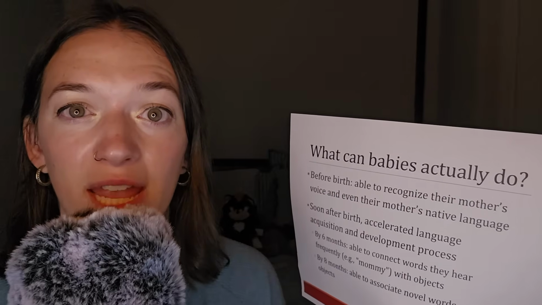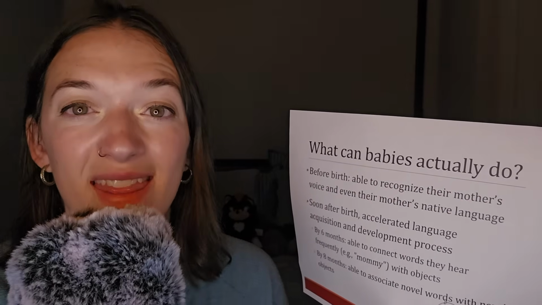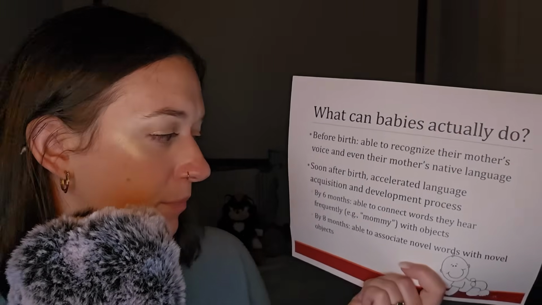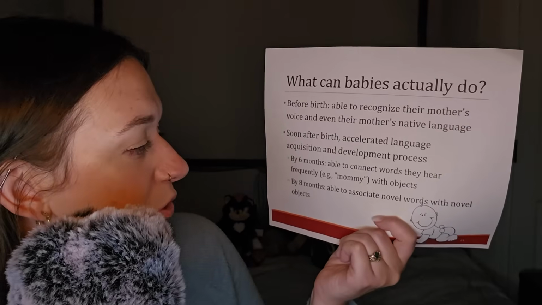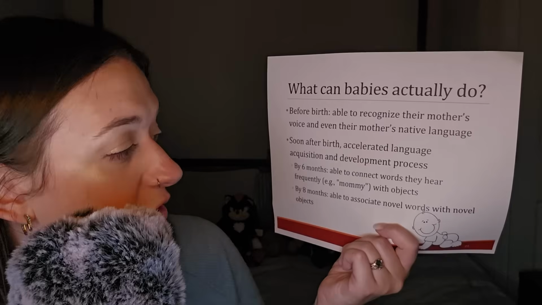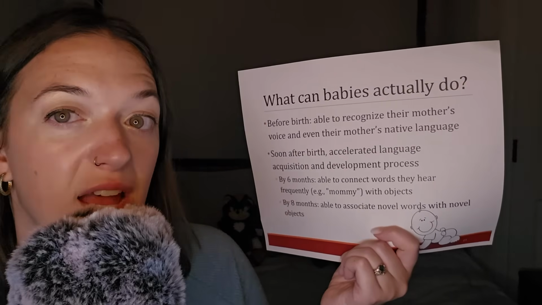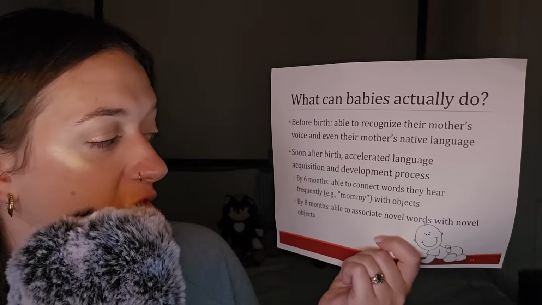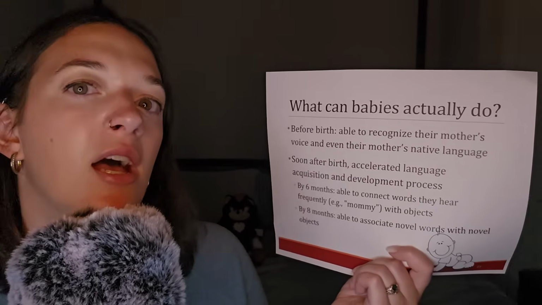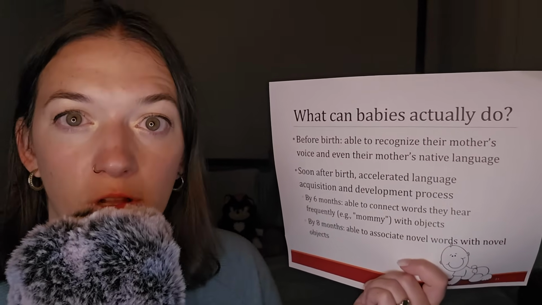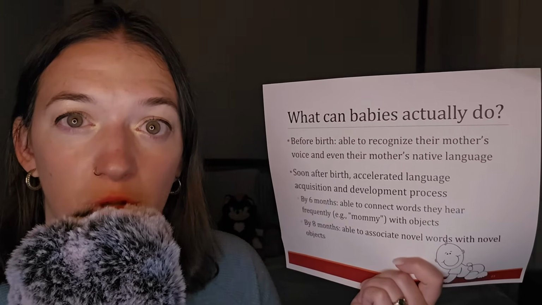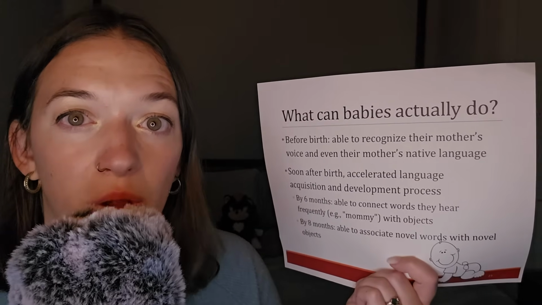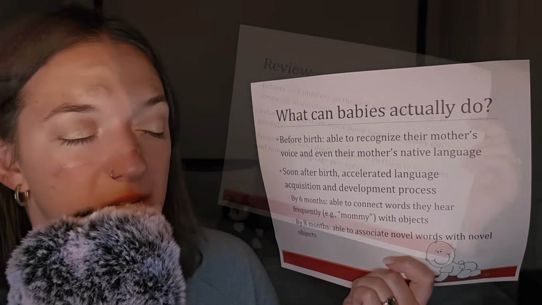So even though they cannot yet produce words, they can understand them. And by 8 months, they are able to associate novel words, so words they have never heard before, with novel objects. A baby can hear the word apple for the first time at 8 months old and associate it with an apple if they are shown it.